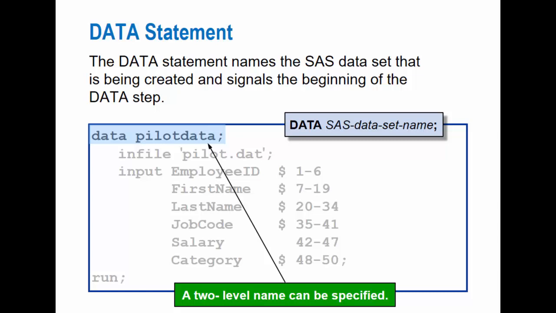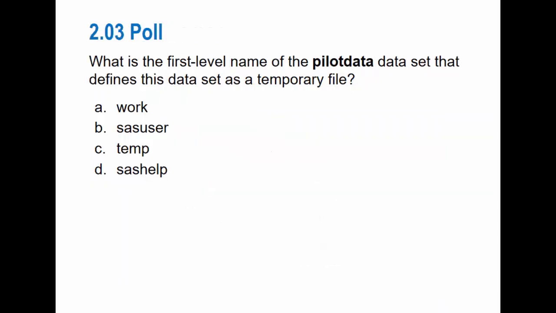Remember, the name has two parts: library name dot data set name. If you omit the library name, then the default is work. Because we did not specify the library name, we just give one name. That's it. There is only one name there, so the library name is not specified, and therefore it's going to be saved in the work library.